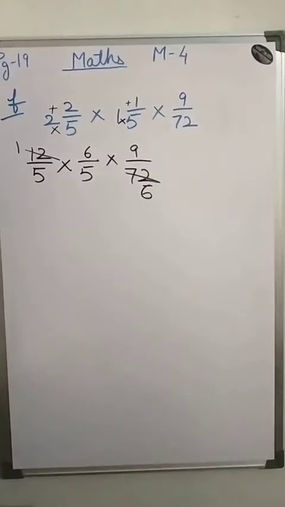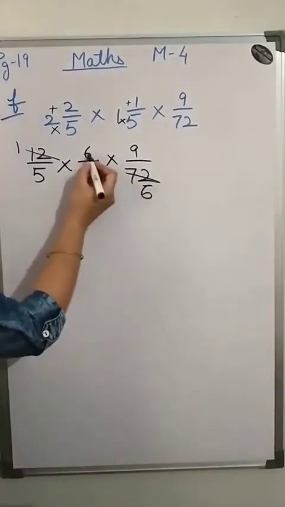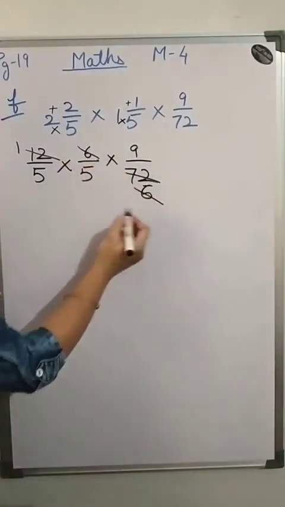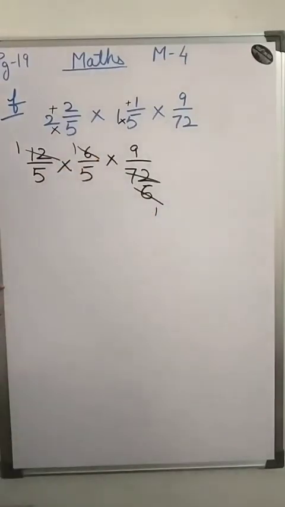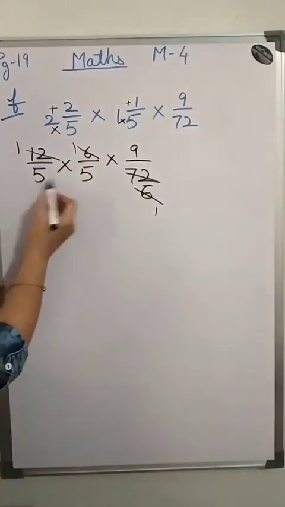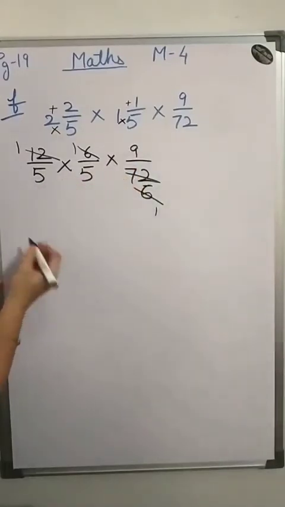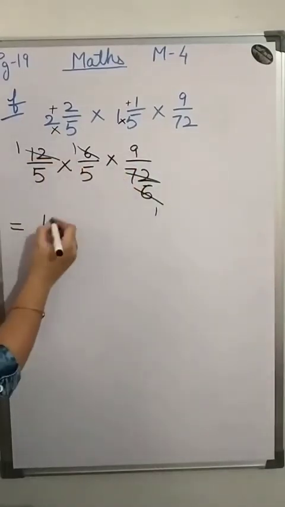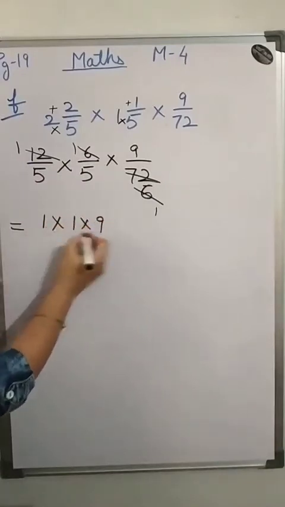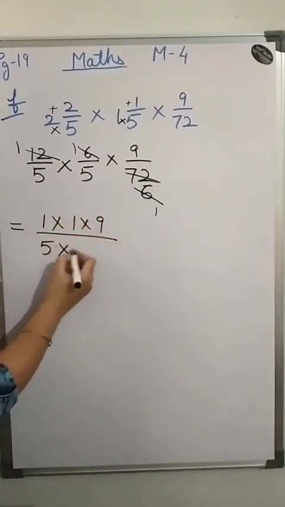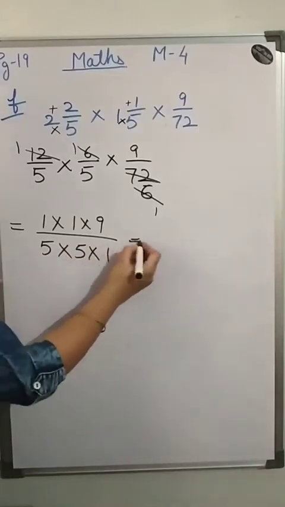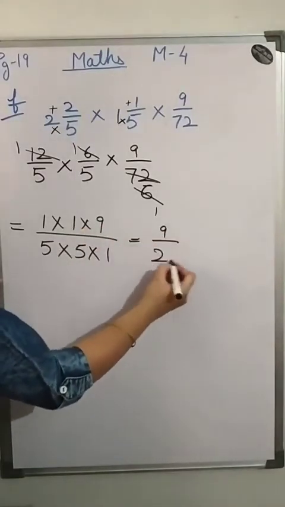Now anything which we can cut here, just look at here, 6 is here and 6 is here, so we can cut them. Now any other thing? No. 5 is not a factor of 9 or 9 is not a factor of 5, so we cannot cut them. So write the value 1 multiply 9 and here it is 5 multiply 5. So the answer is 9 upon 25.